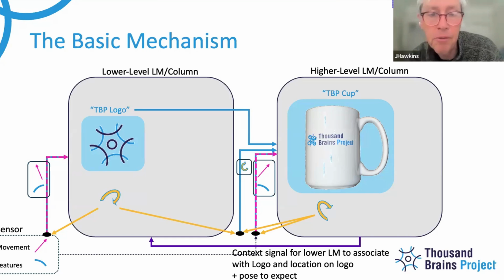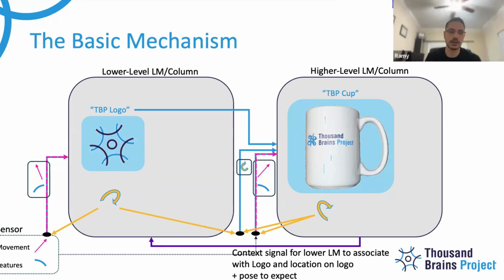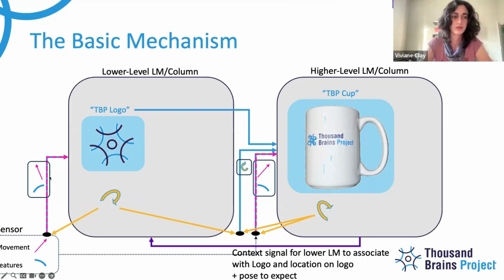But if you just assume they're the same, then as you move the sensor, it moves the same in the lower reference frame and the upper reference frame; they're co-located constantly. Got it. Thanks. I tried to show that with the pink arrows: they both get the same movement input because they're moving together. So if one changes location, the other will as well.